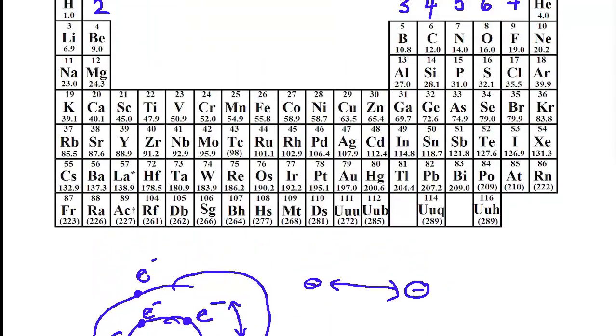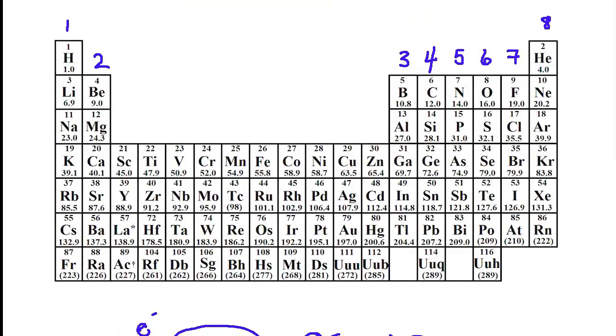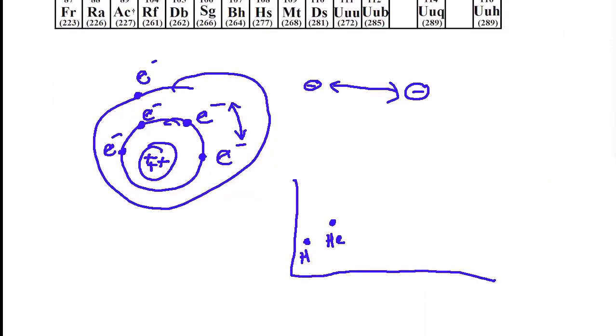As I'm adding protons, I'm pulling in the electrons, but then I open up a new shell when I go to lithium, right? So now I'm in the 2s instead of the 1s. So hopefully everybody sees what I'm talking about there.